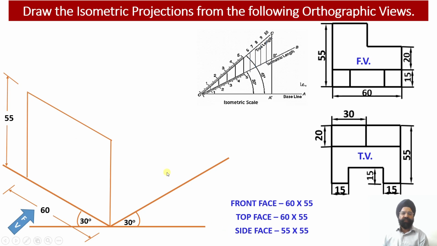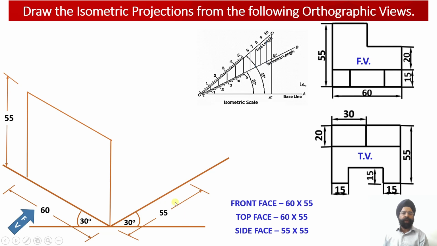Now next we move on to the construction of the right hand side view face. So we know that the dimensions of the side face are 55 millimeter by 55 millimeter. So the width of the solid, which is equal to 55 millimeter, has been drawn along the isometric z-axis, and the height of the solid, equal to 55 millimeter, has been drawn along the y-axis.